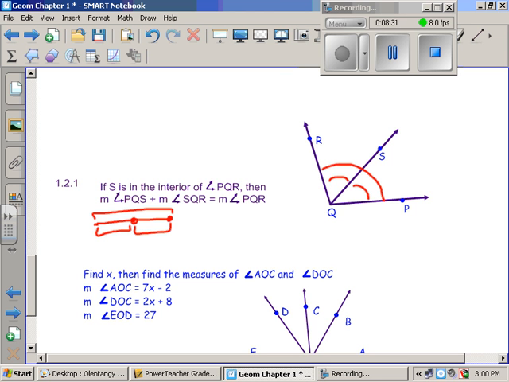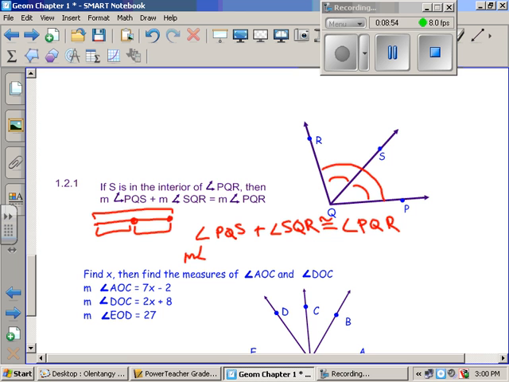So if I were going to write it out, it would be angle PQS plus angle SQR is congruent to angle PQR. Okay? Now, if I wanted to talk about equality, like the actual measurements, I would use an M for measure.